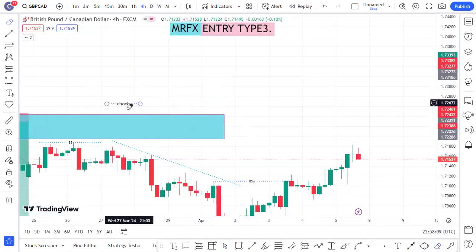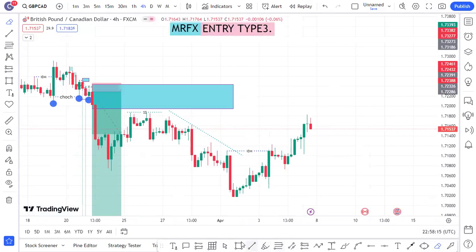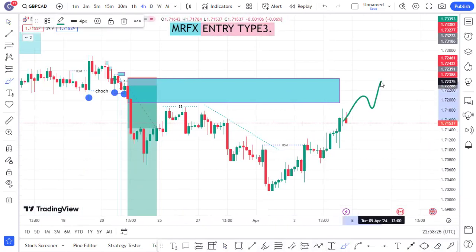Okay. So actually this market is likely to come to this order block right here, right? Because there's this liquidity here and also this trend line liquidity here. So if the market taps here, then you can look for a sell coming on Monday.